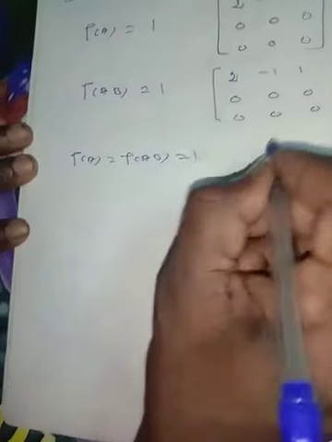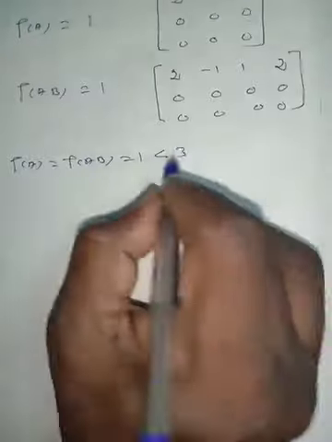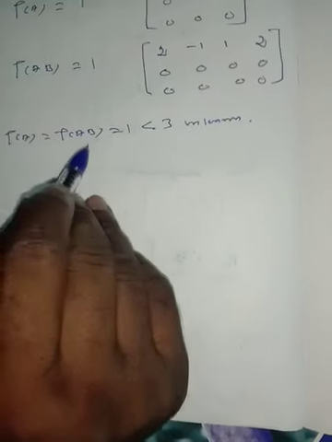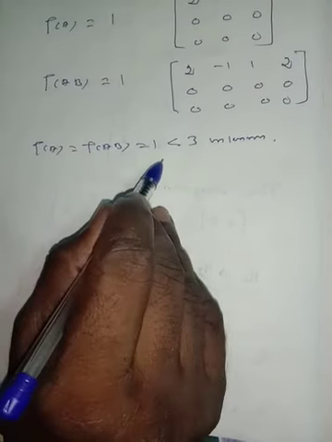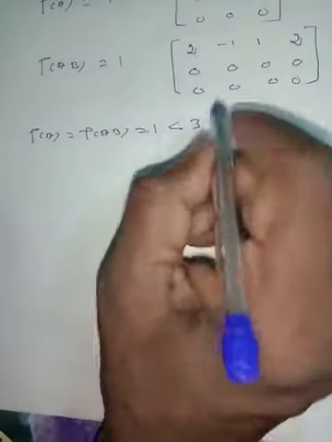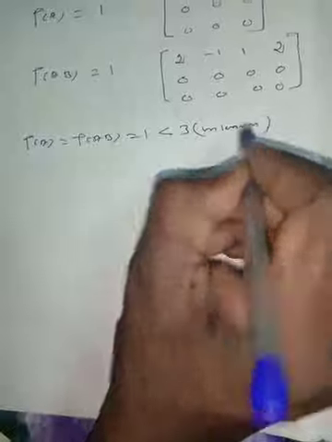Rank of A is equal to rank of AB is equal to 1, which is less than 3. Why? 3 unknowns. 3 means 3 unknowns.